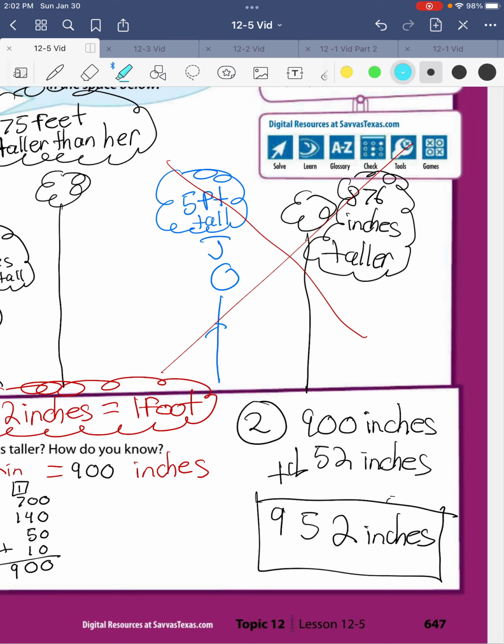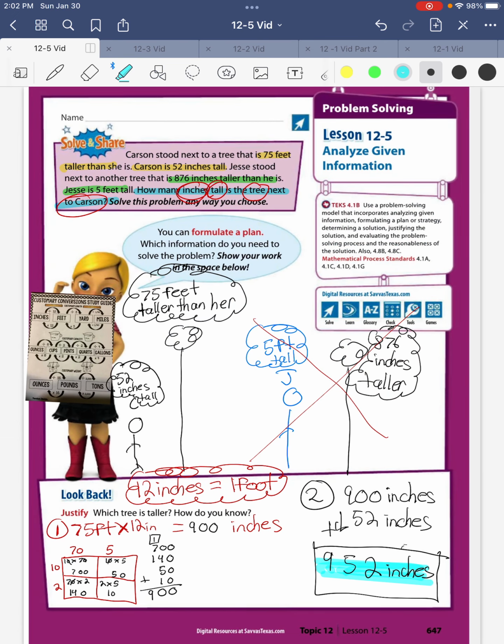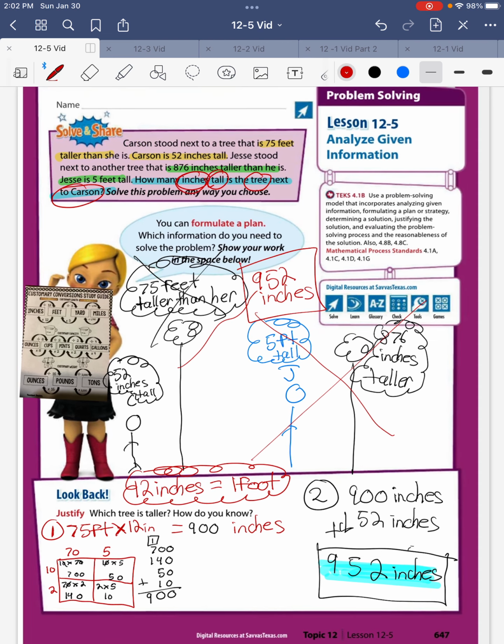This is my answer. So if I go up to here, now I can say the tree is 952 inches. Okay, and that is how we do the problem.